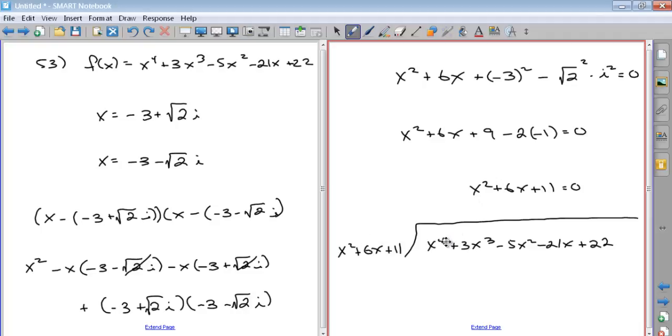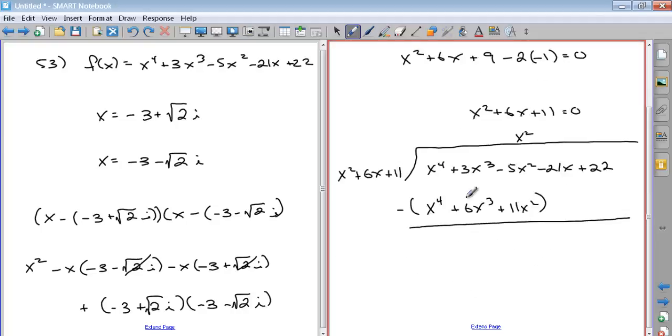So to get x to the fourth, we're going to have to multiply this by x squared. So we'll put x squared here. x squared times x squared is x to the fourth. x squared times 6x is 6x cubed. x squared times 11 is 11x squared. Let me subtract each item.